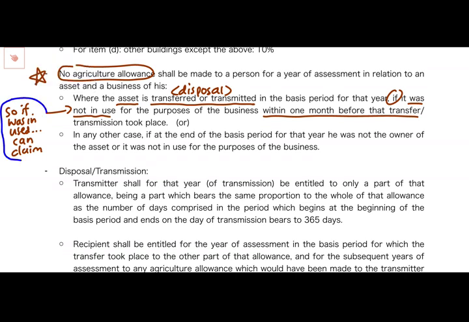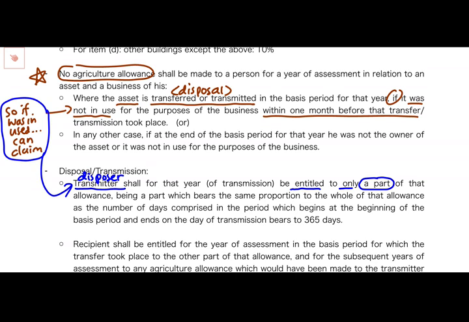And now you have another issue to see. The transmitter, that means the disposer, is entitled to only a part. And what is that part?